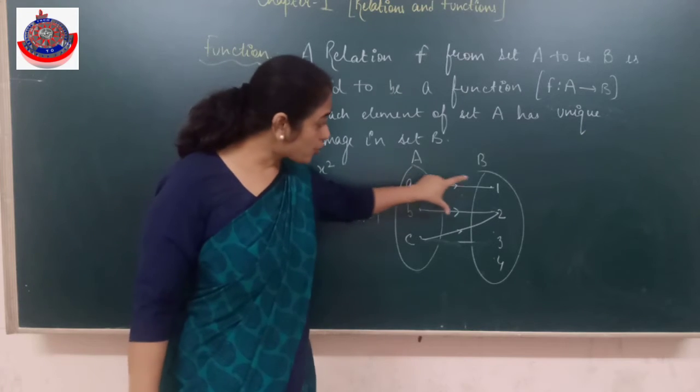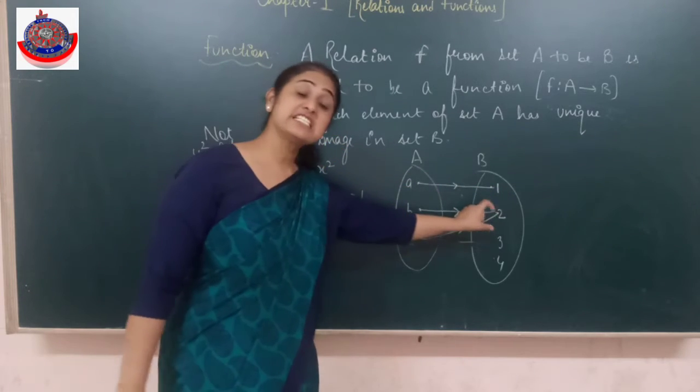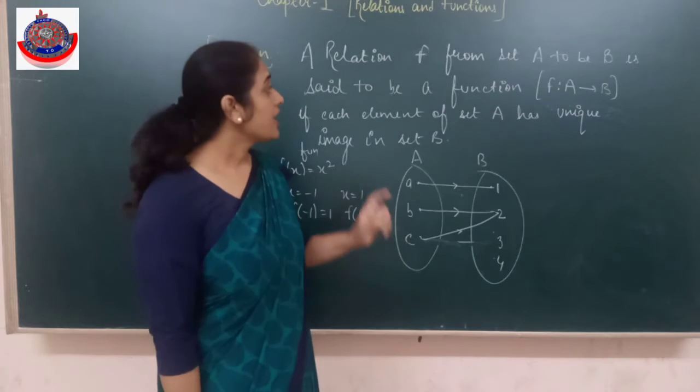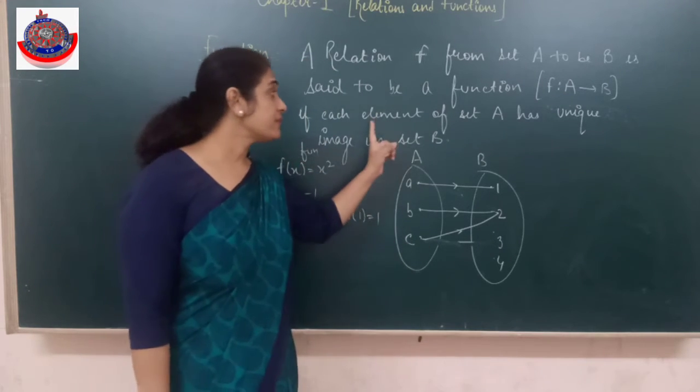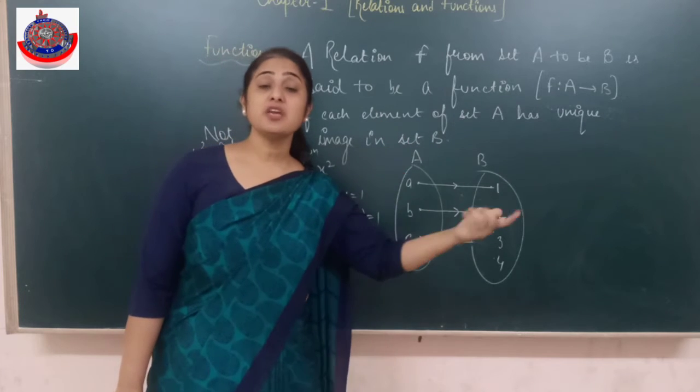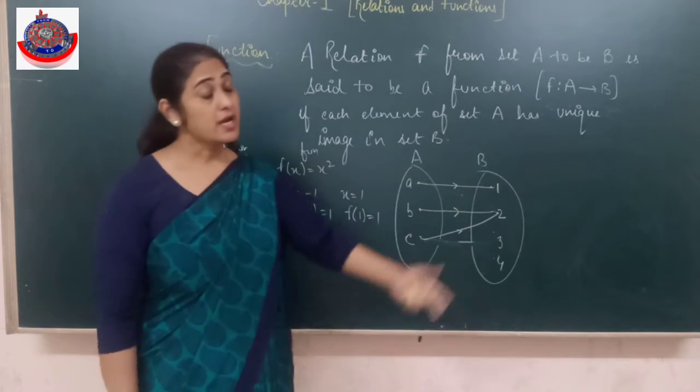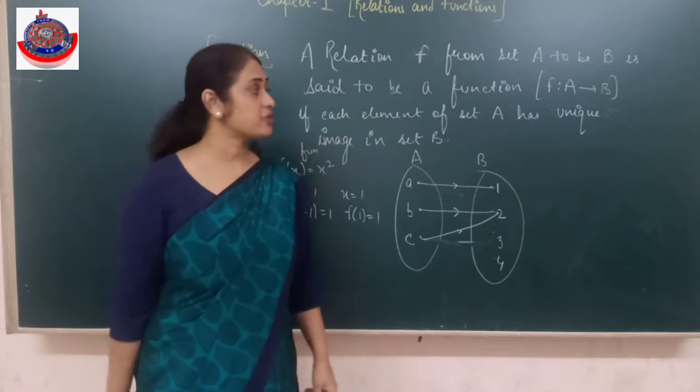एक एलिमेंट से दो पे एरो नहीं जाना चाहिए. हाँ, 2 से या 3 से एक पे एरो जा सकता है. There is no issue. That means a relation f is said to be a function if each element of set A has a unique image in set B. Unique, distinct, आगे जाके one-one function में आएगा.